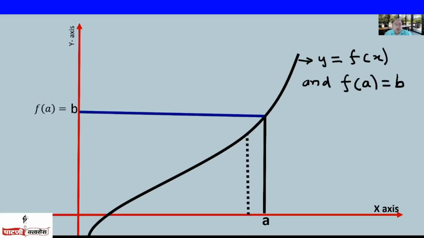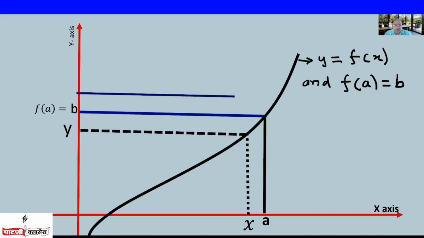We took a vertical line nearby A and the corresponding value on the y-axis, that is y. For x there is a y, the x value on the x-axis and the corresponding value on the y-axis, and we have the eta here.